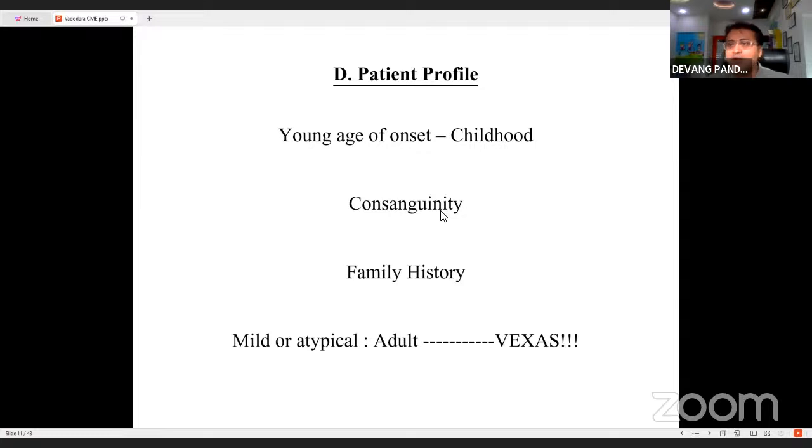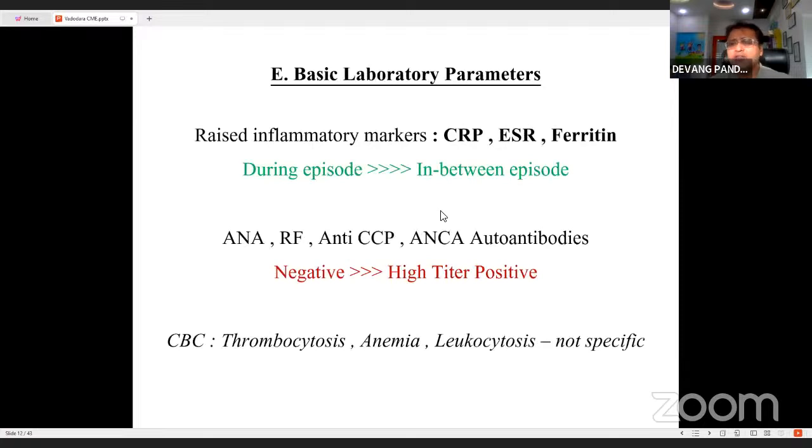Consanguinity is a very important history point, and family history. These two things are very important in the history. If there is consanguinity or family history, and you have recurrent febrile episodes like we have discussed, we definitely need to suspect autoinflammation. Now, how does the laboratory help you here?